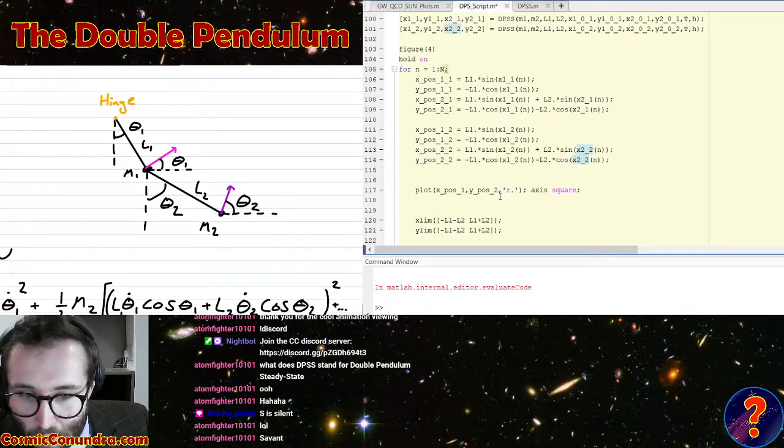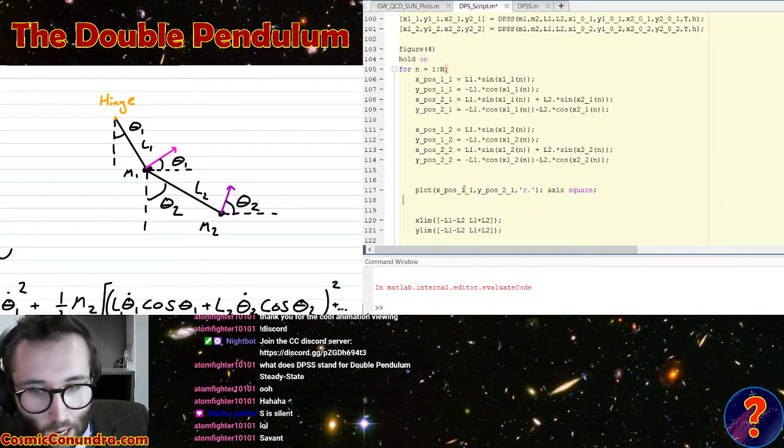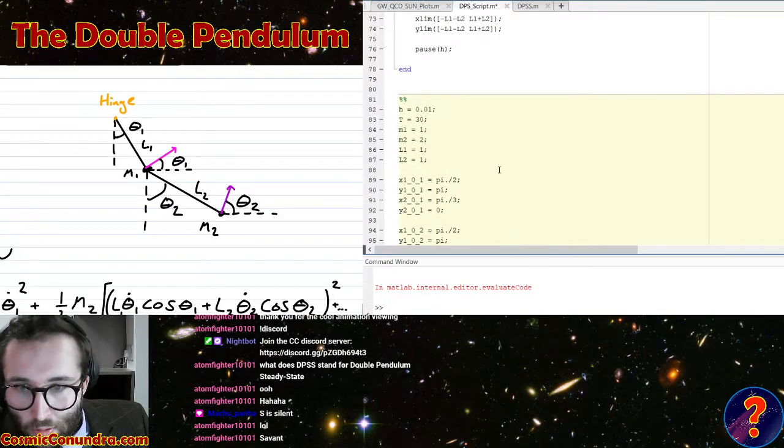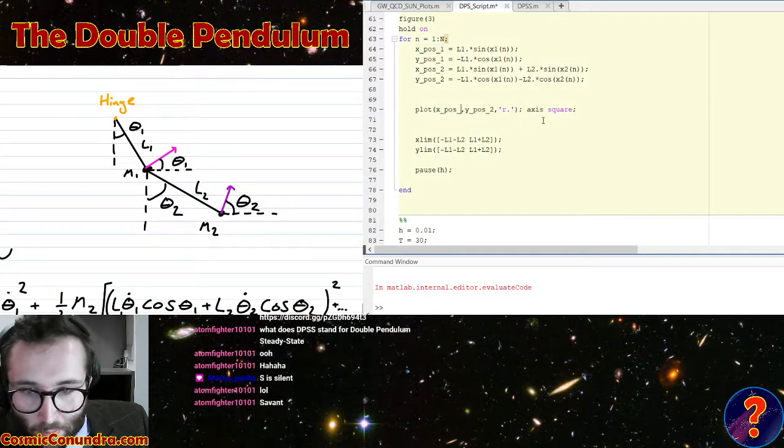Now, what I want to do is plot x1, pos1, 1, x1, pos2, 1. Ah, that should be a 2, which means that should be a 2 up there.